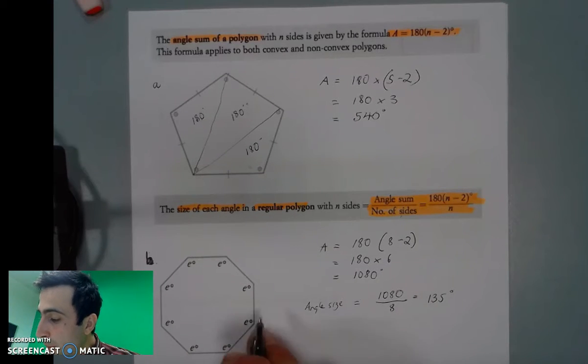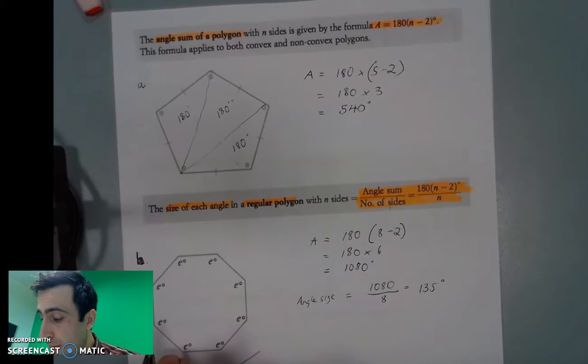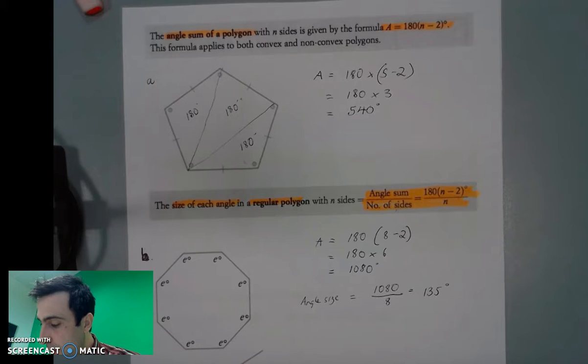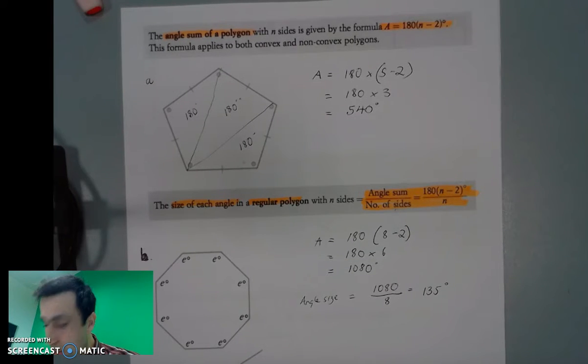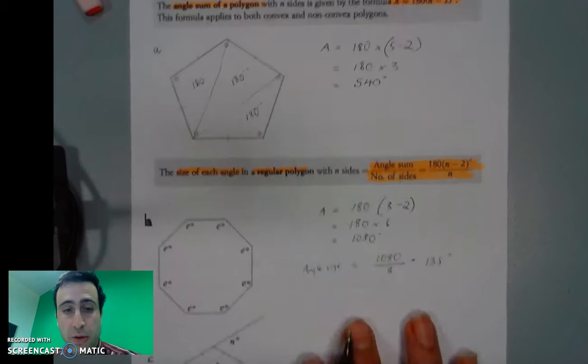And so if we want to figure out each angle, we do the angle sum, and then we divide by the number of angles. But now we've got a bit of a strange one. Here we've got a 1, 2, 3, 4, 5, 6-sided shape, which is a hexagon. Oops, sorry, you can't see that yet.